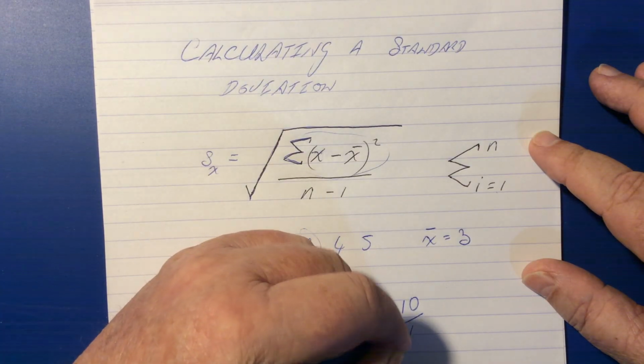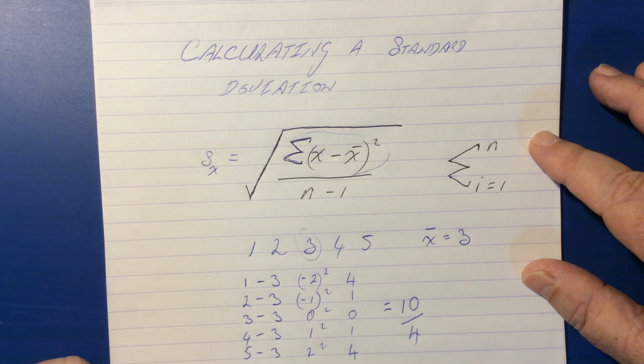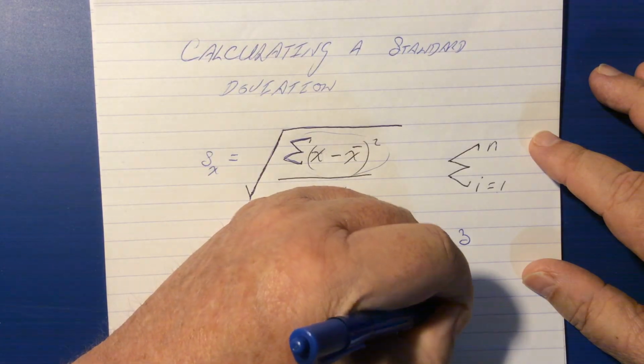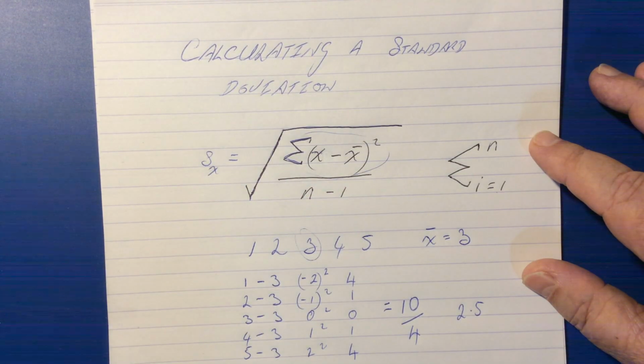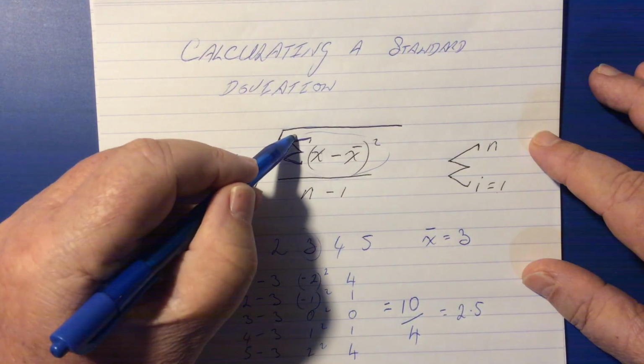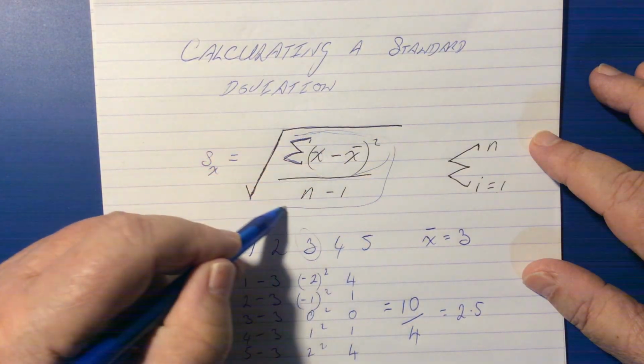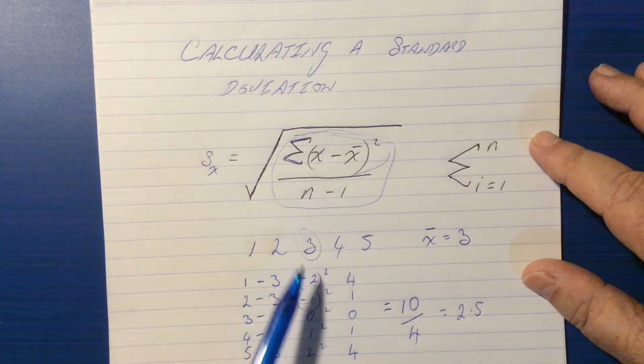So that's 10 over 4. And that's going to give us a number. 10 divided by 4 is 2.5. That's everything in here done.